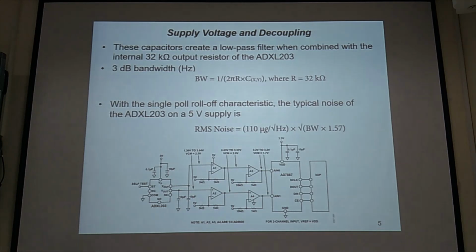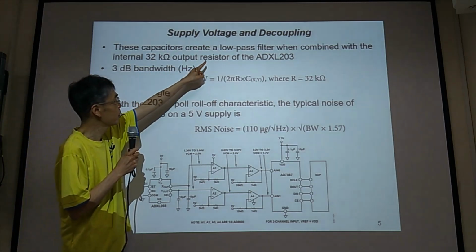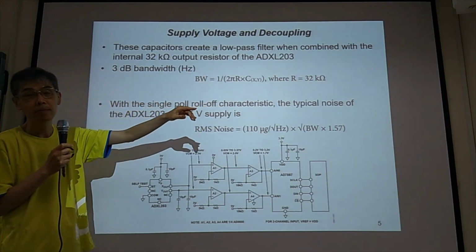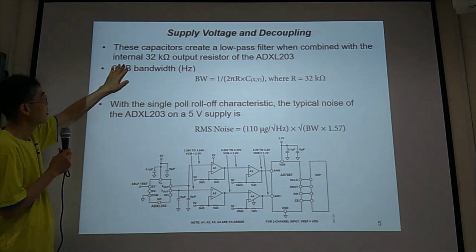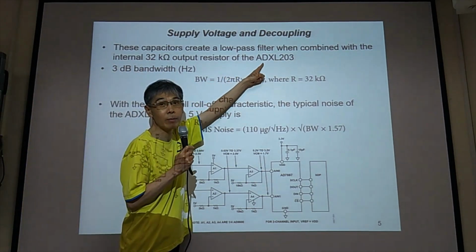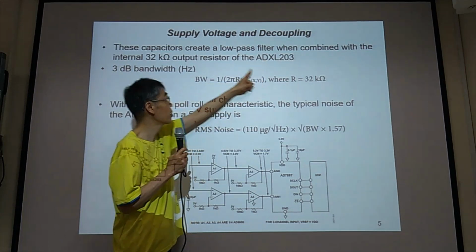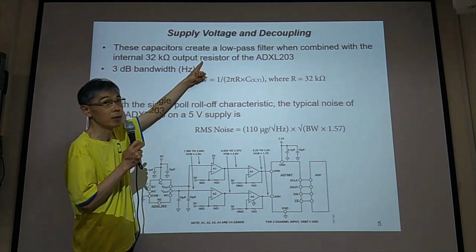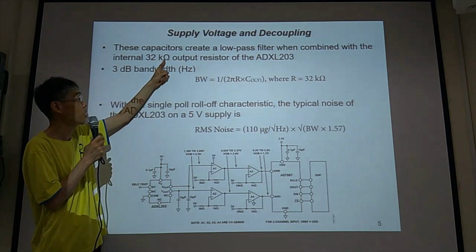Okay, so this is the equation to calculate the frequency. Let's see, low pass filter. For this accelerometer, this sensor, the output resistance is 32K ohm.